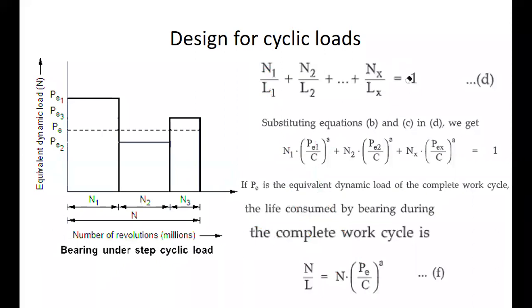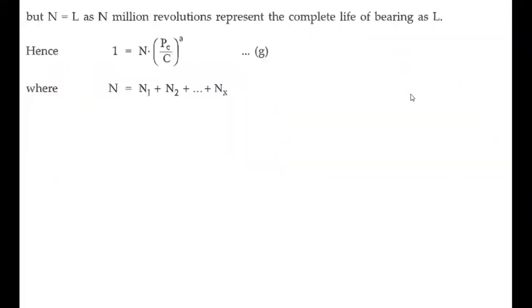Moving ahead. If I take a look, N is the number of million revolutions with respect to the complete life of the bearing L. So for the complete work cycle, I'll take 1 equal to N (PE upon C) raised to a.